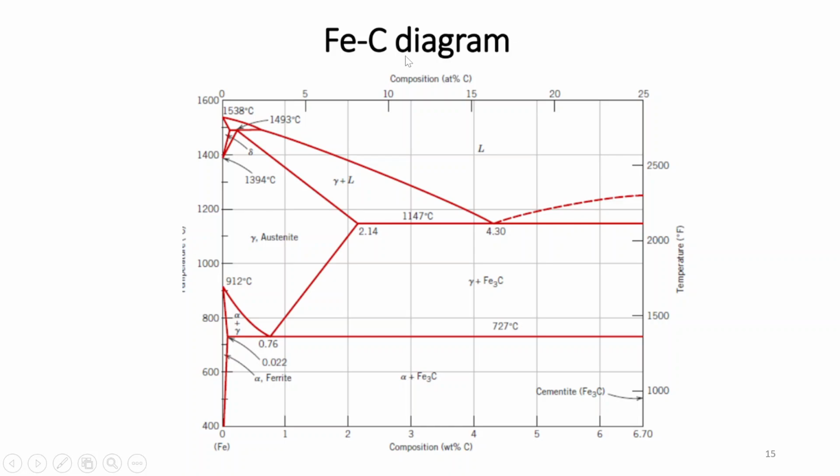Iron carbon diagram. In case of steels, we'll be using this particular diagram. You should know at least what the eutectic composition is, and up to the eutectic reaction, the steel part will be up to 2.1%. This part you should remember for understanding which phases will form.